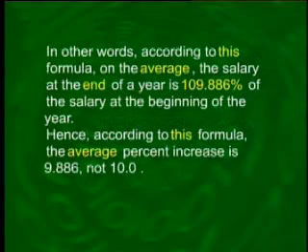In other words, on the average, the salary at the end of a year is 109.886% of the salary at the beginning of the year. According to this formula, the average percent increase is 9.886, not 10 as we obtained earlier.